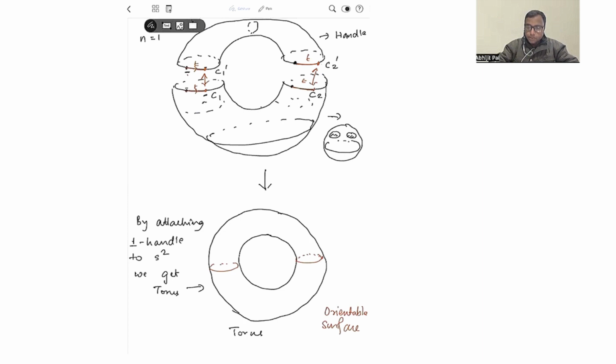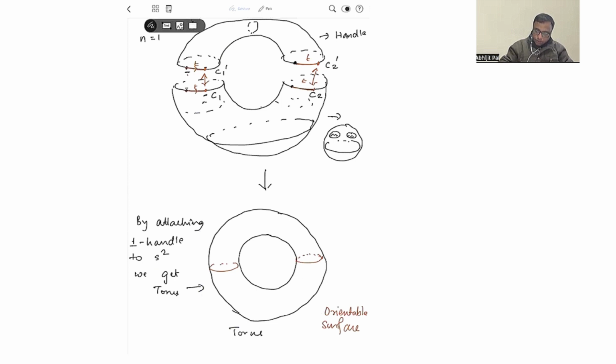You attach C2 to C2 prime just by the identity map. So what picture will you get? You'll get this picture. This is the torus. So by attaching one handle to the sphere, we get the torus.